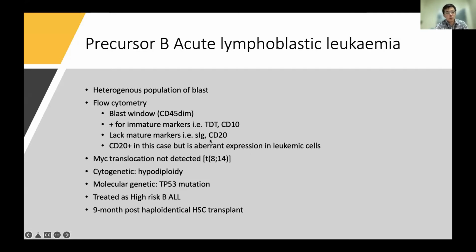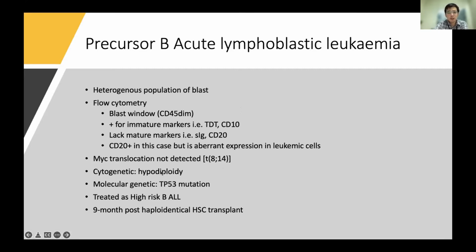You might also wonder why some of the cells look a bit like Burkitt. So we also did a MYC translocation test to exclude Burkitt lymphoma, as well as the very rare cases of B-ALL with MYC translocation together with something else, which can give you features like Burkitt, what we call Burkitt-like morphology.